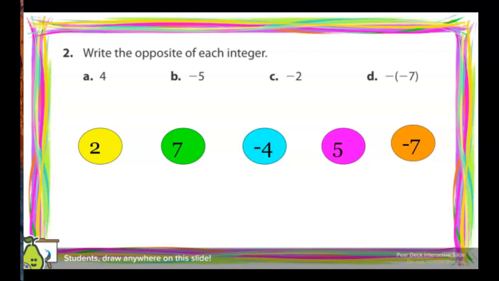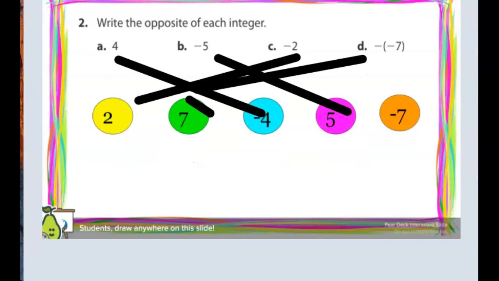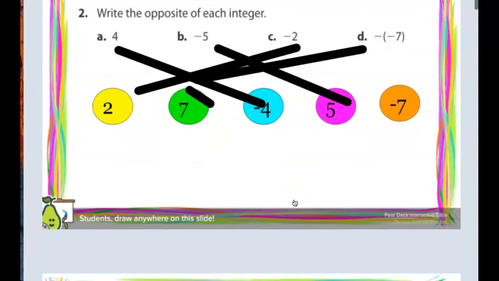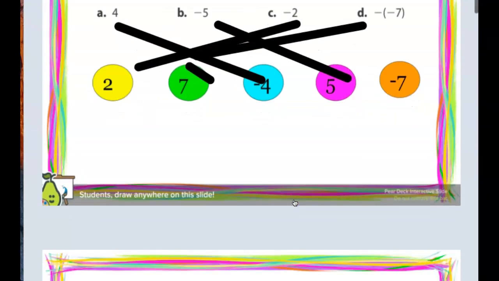But before I move to the answer, I'll start with Daniel. What is the opposite of letter A, which is 4? The opposite is -4. That's correct. Let's go, Charlie. What's the opposite of -5?